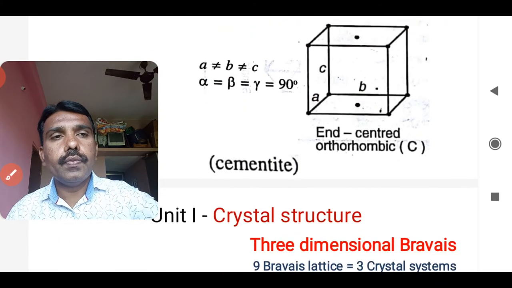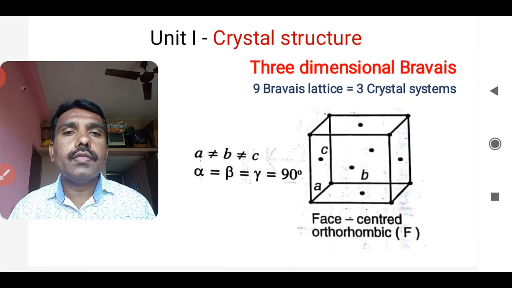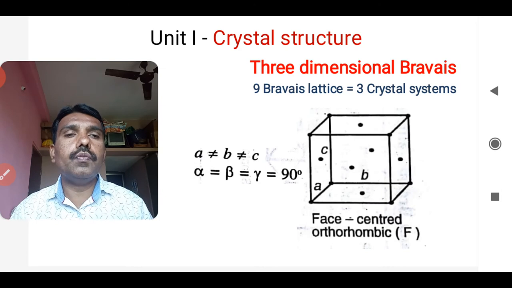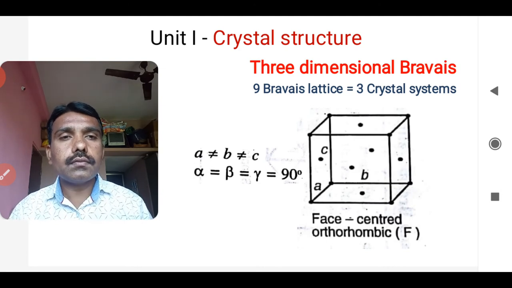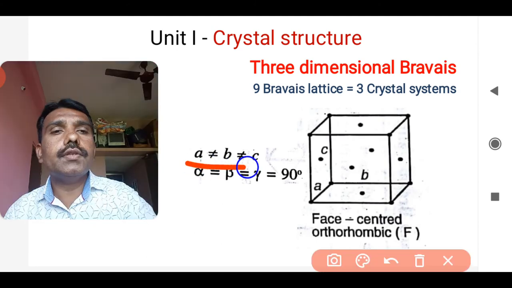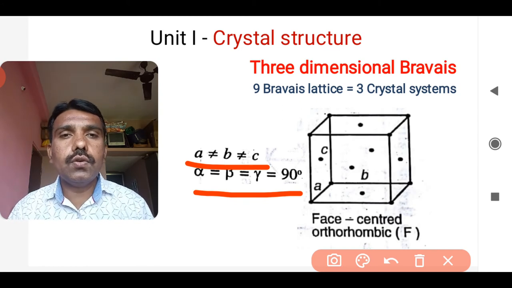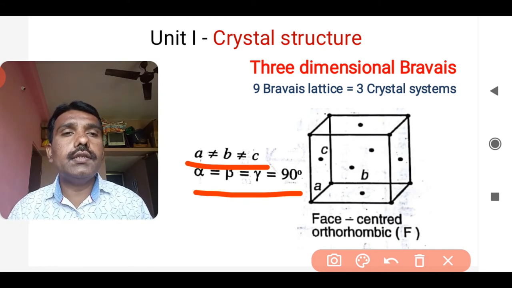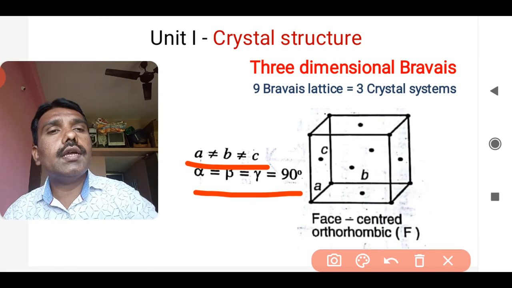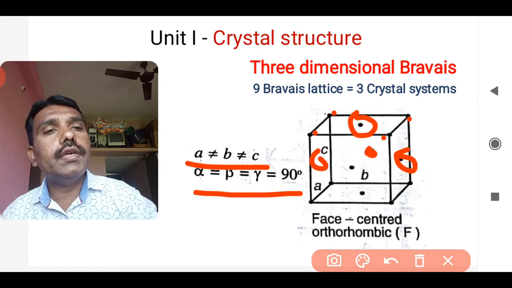Now the ninth Bravais lattice is again part of the third crystal system, orthorhombic. Again, a is not equal to b is not equal to c, that means all three vectors are of different lengths. Alpha, beta, gamma are equal to 90 degrees. And if you look at this carefully, the points are not only on the corners, but also at the center of each face.